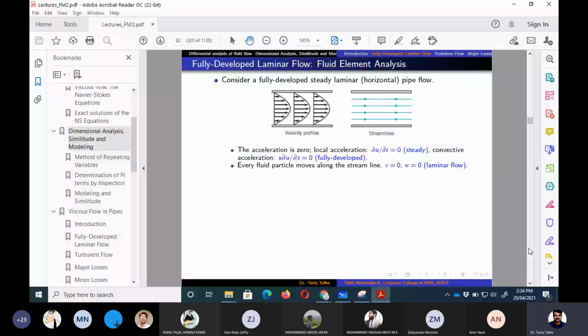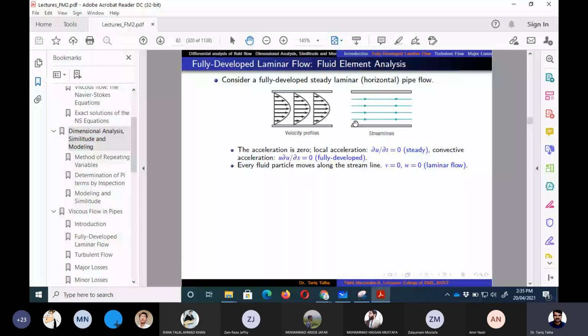Because we are talking about laminar fully developed flow, it means that local acceleration is zero because it is steady flow, and convective acceleration, partial u by partial x, is equal to zero because it is fully developed. That is the definition of fully developed: along a streamline the flow velocity does not change.